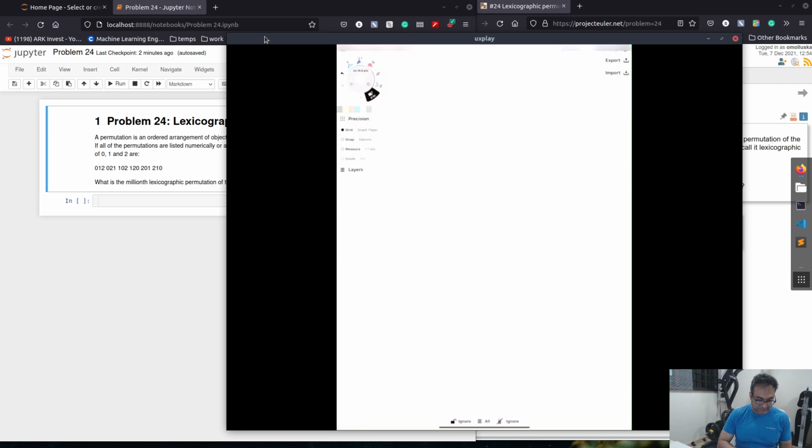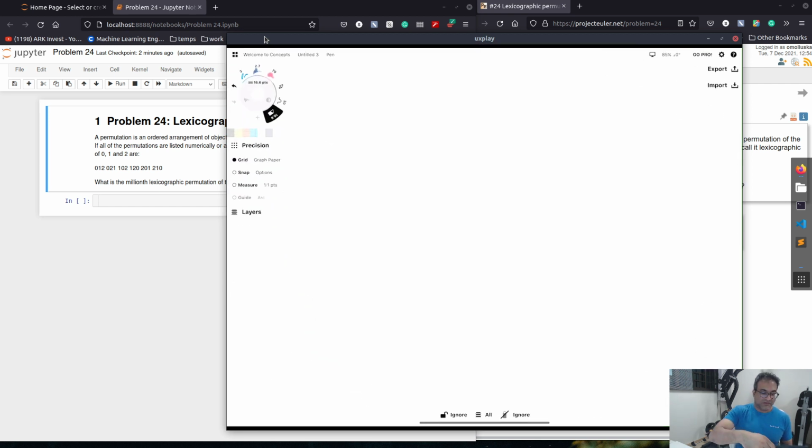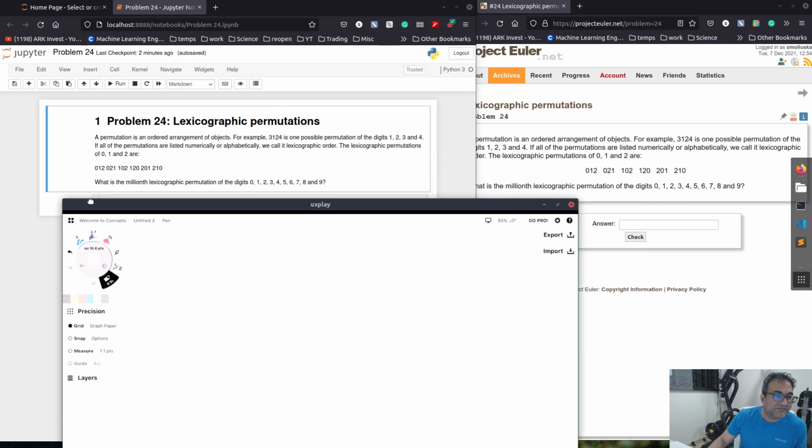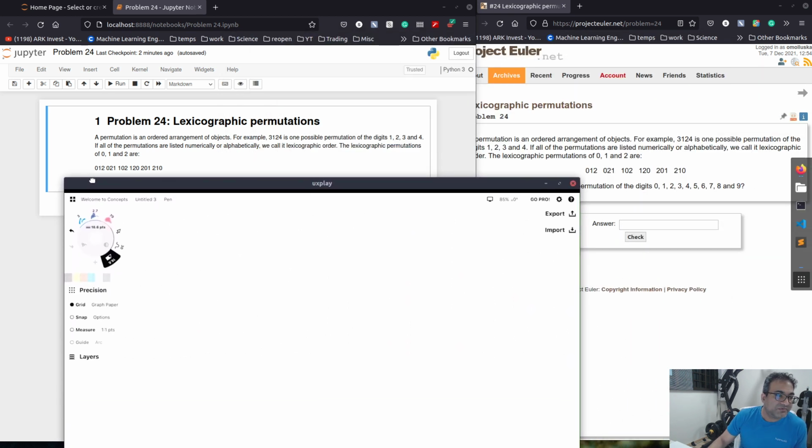All right, let us try to solve this. So if we have, let's start with 0, 1, and 2. There might be something recursive about it. Let's see. I feel that there is some recursion involved over here.